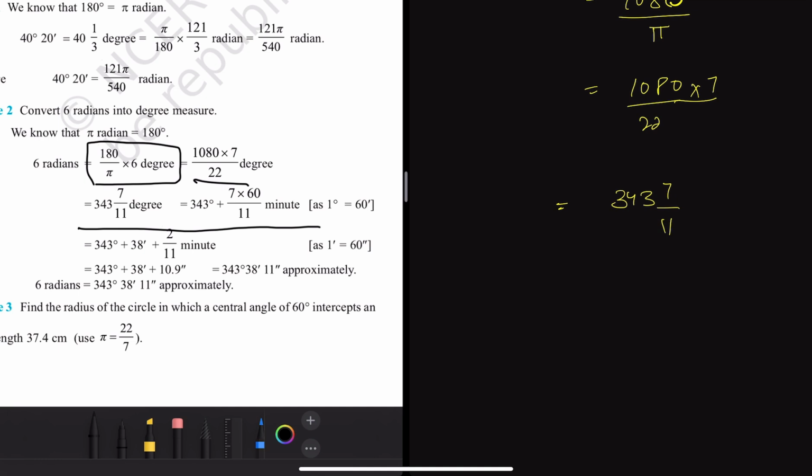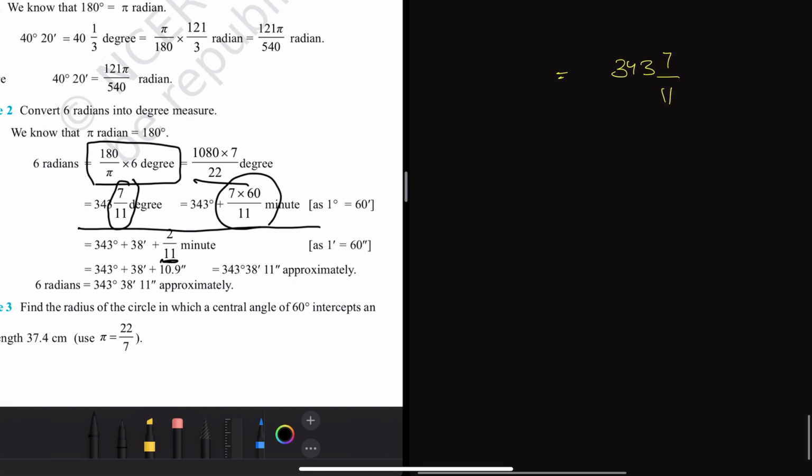So what they have done is they have simply divided, and the non whole number remainder they have converted into minutes, and further they have converted the remainder minutes into seconds just to show the complete value. Let me just do it for you.